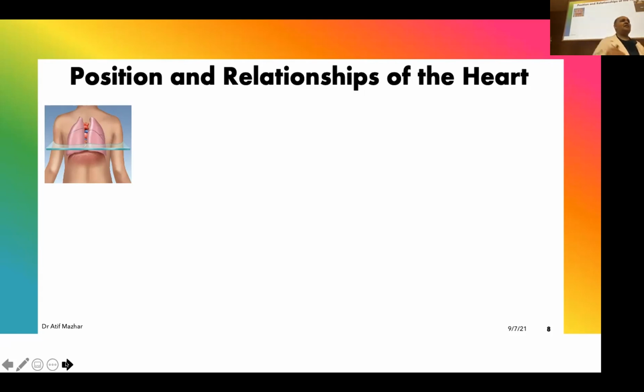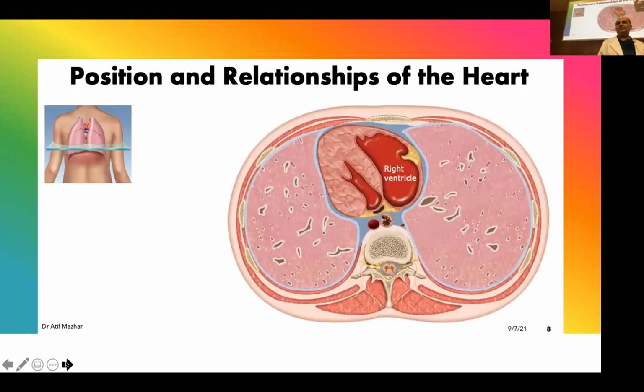So when we slice someone transversely at the thorax, what do we get? We get a section like this. Now we need to get ourselves oriented with this section, because the orientation of radiology is different. There is some physics involved, like the images you are learning in physics, inverted and real, those kinds of things.